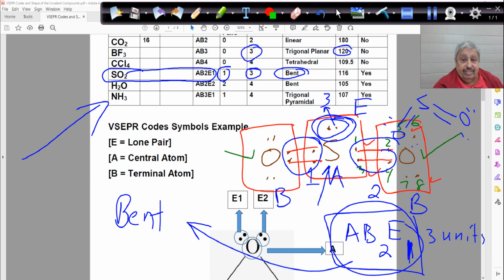The 3 zones are supposed to be a trigonal planar, but it's not a trigonal planar. It's not 120 degrees, correct? It is less because of the lone pair, correct? I'll show you what we mean by this in a minute, but look at this.